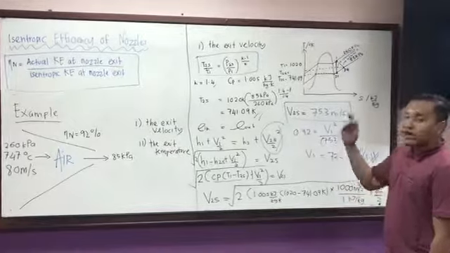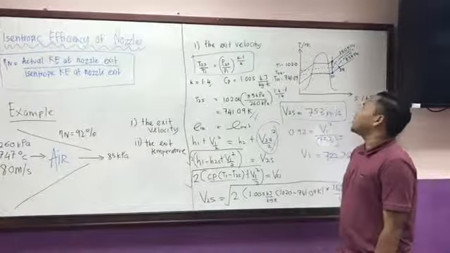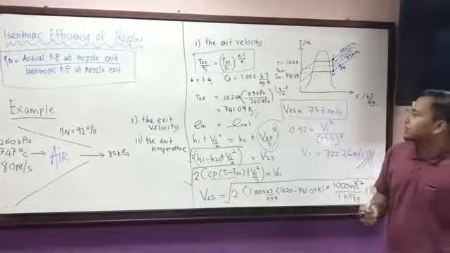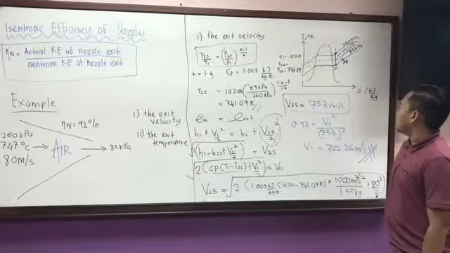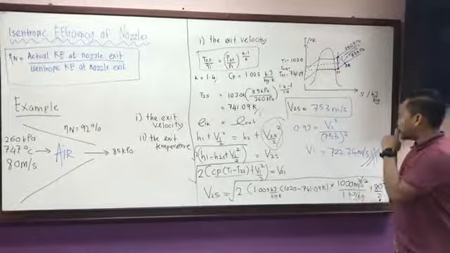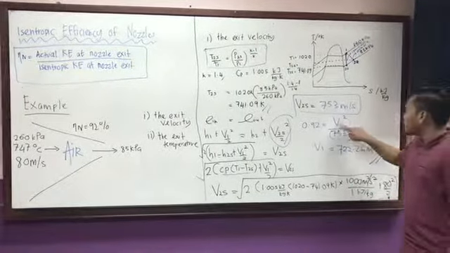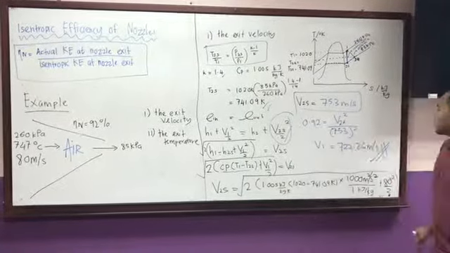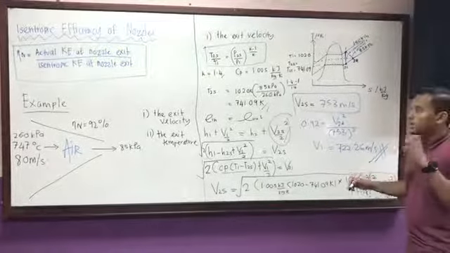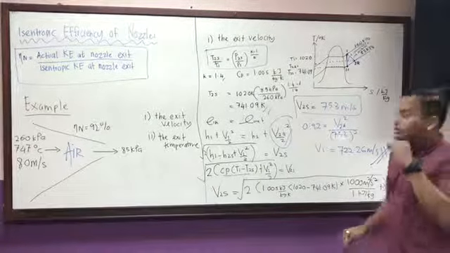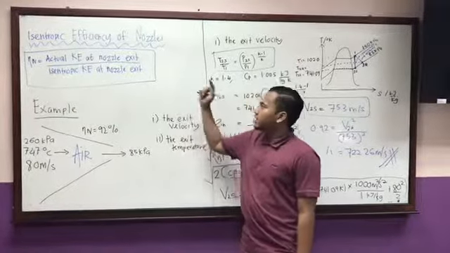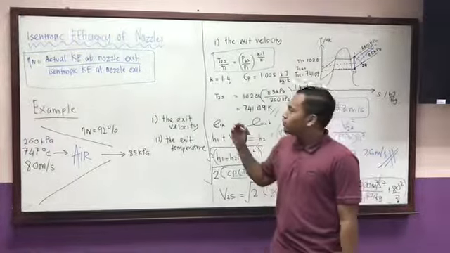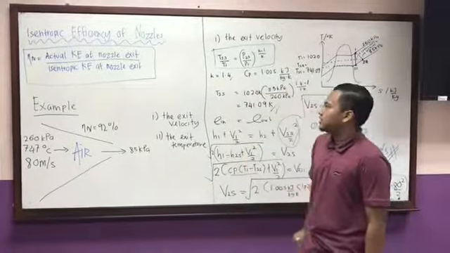The question asks us to find the exit velocity, which is the velocity at the actual process, at 2A. So we can use the efficiency equation, which is the actual kinetic energy at nozzle exit divided by the isentropic kinetic energy at nozzle exit.